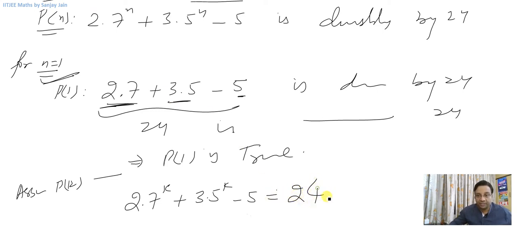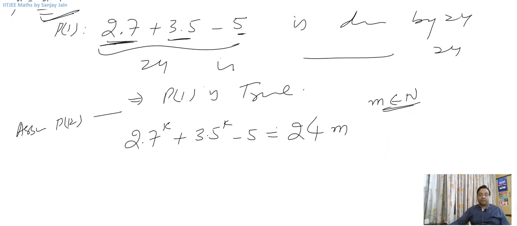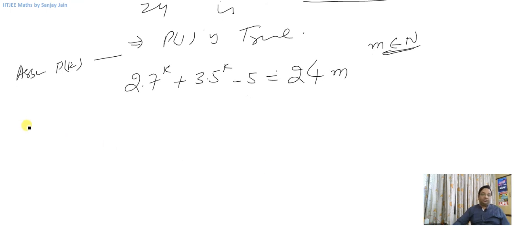So I can write it as 24 into something m, where m belongs to natural numbers, right? Because it is a multiple of 24. Now let us look at it. I need to show now that p of k plus 1 is true, right?